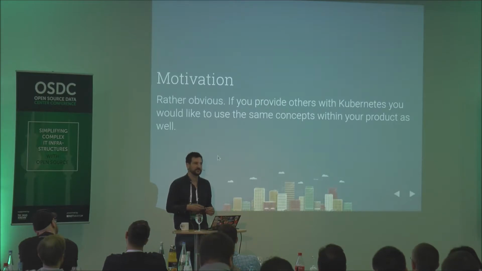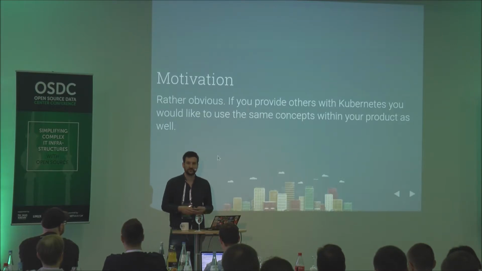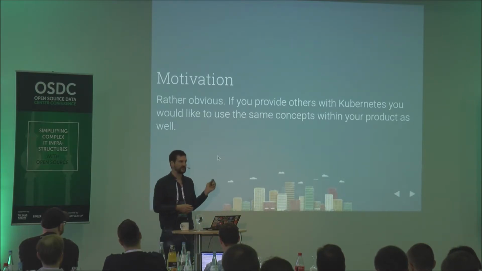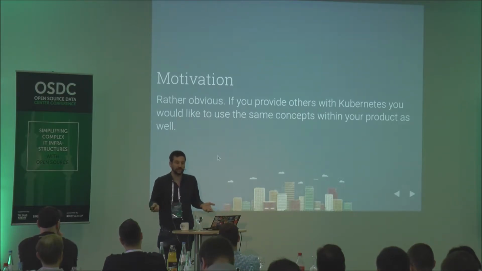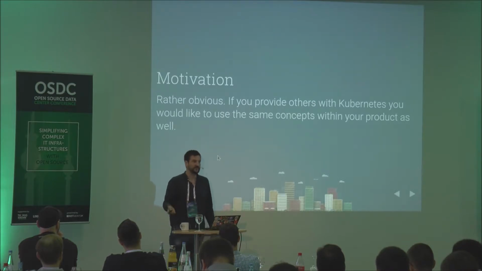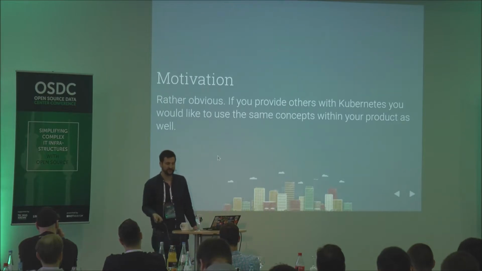We are providing Kubernetes because we think it makes sense to deploy applications that way, and that Kubernetes has the right building blocks to do so. And why should we then use Ansible to provision Kubernetes again? Because we don't want to do that anymore. And so we came up with the idea to actually use Kubernetes to provision Kubernetes.